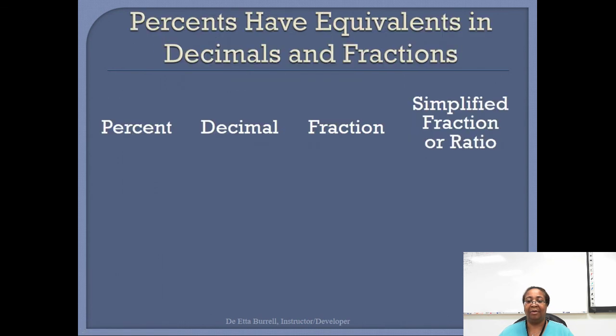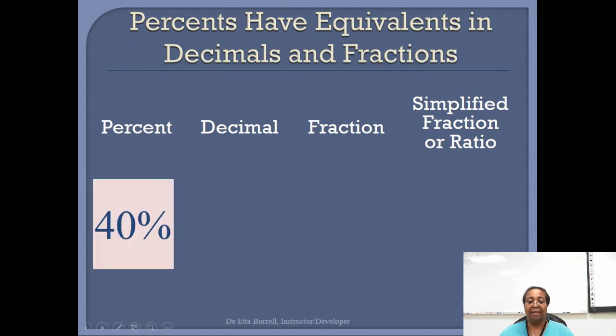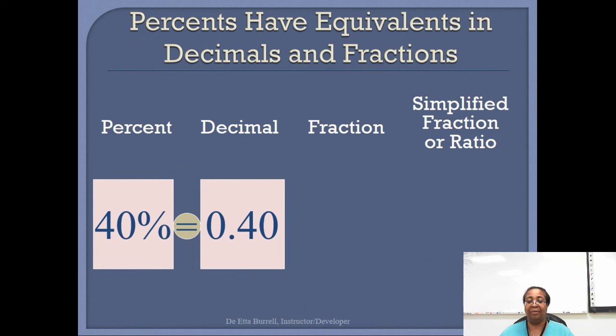Now, what I'm going to task you with today is taking percentages, converting them to decimals, fractions, and ratios, and vice versa. So, for example, let's use the 40%. If you're given 40%, to write that as a decimal, that would be equivalent to 0.40.